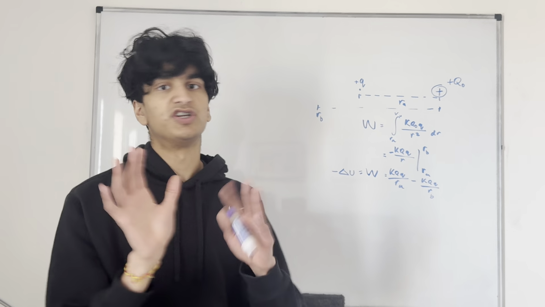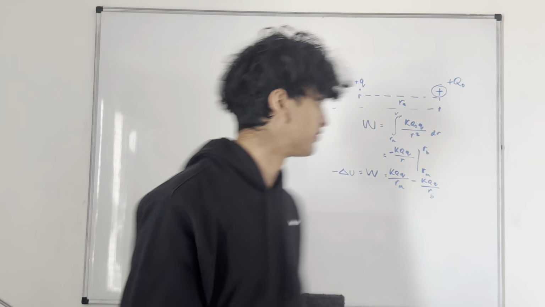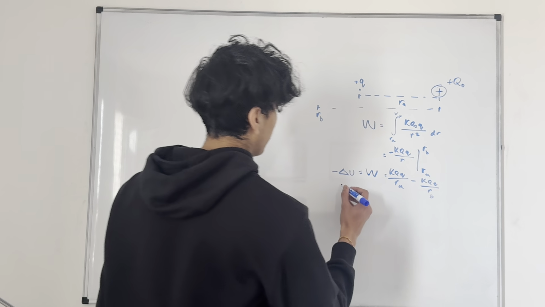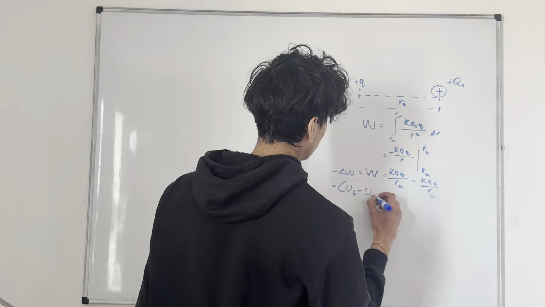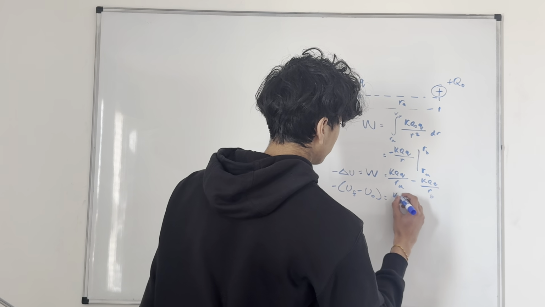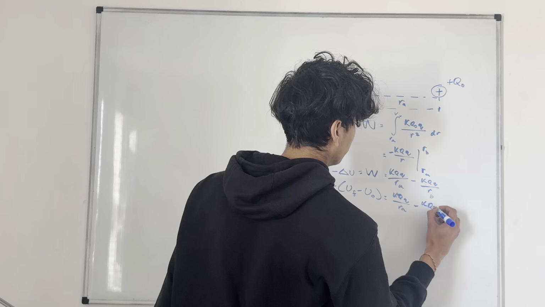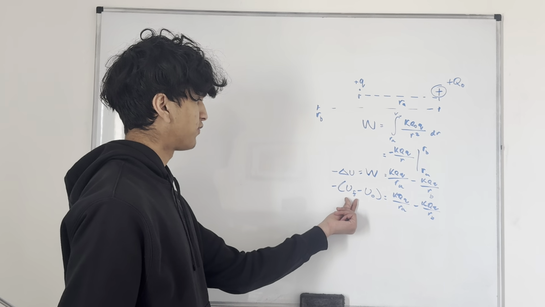When you're switching systems, you can't have work by FG and change in U in the same system. They're different systems. Point being, this would be the same as negative U final minus U initial, KQq over RA minus KQq over RB.